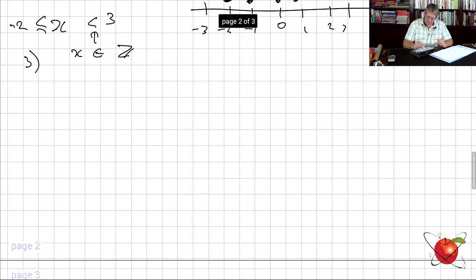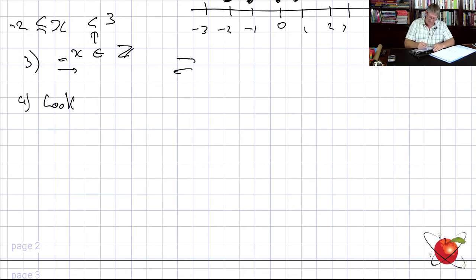So then I say, which way is my sign pointing for step 3? In other words, I get an indication. Is it this way, that way, or that way? Step 4. I say, look at the element x, element of.